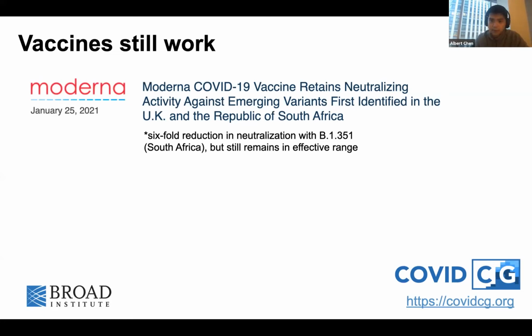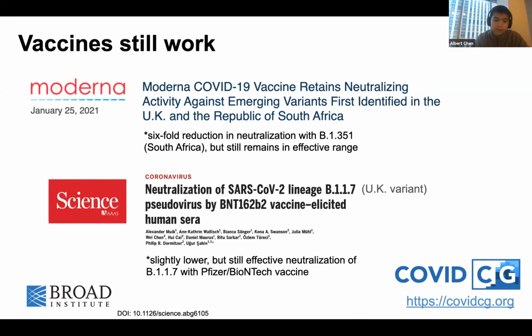But they found that in this lab setting, even though their vaccine worked 6 times less well, it was still within the effective range, which means that, hypothetically, the Moderna mRNA vaccine would still provide full protection to people exposed to the South African variant, which is great. It works so well that it can take a 6-fold hit and still work. And we see a similar result with the Pfizer-BioNTech vaccine when tested against the UK variant as well.